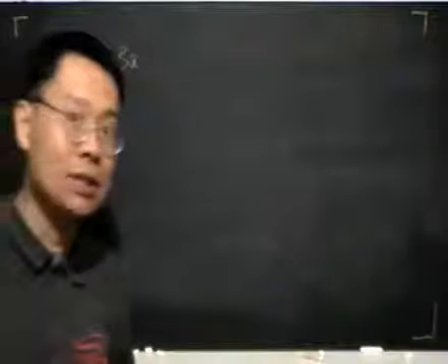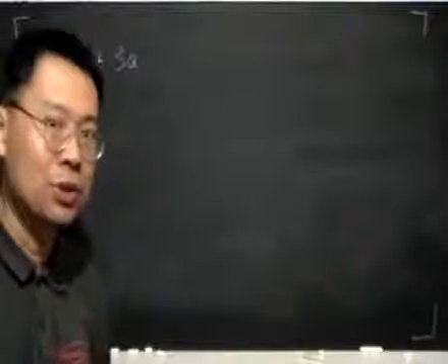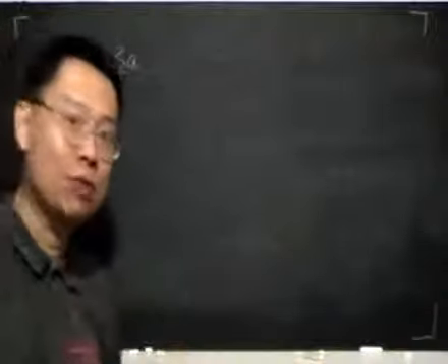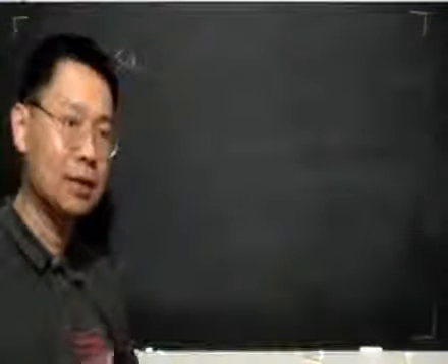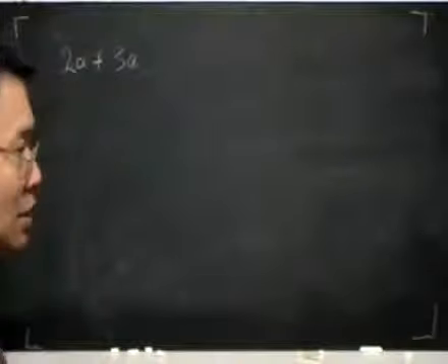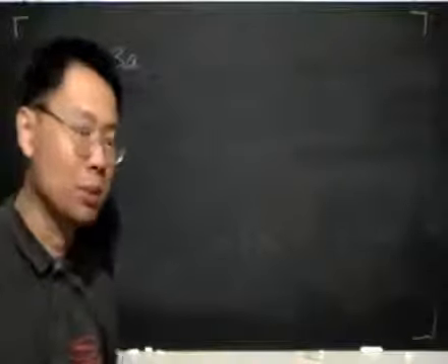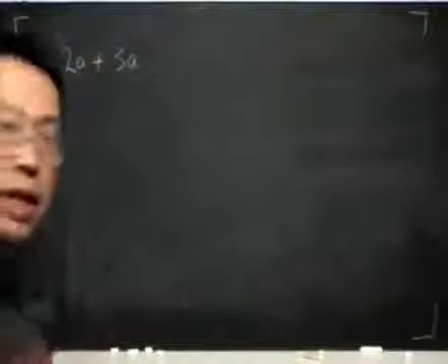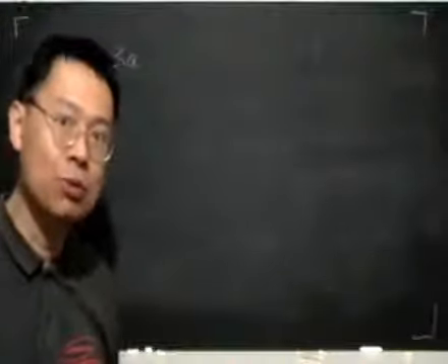We can, indeed, because 2 apples plus 3 apples is equal to 5 apples. And in much the same way, if you have 2a plus 3a, the simple way to say that would be 5a.